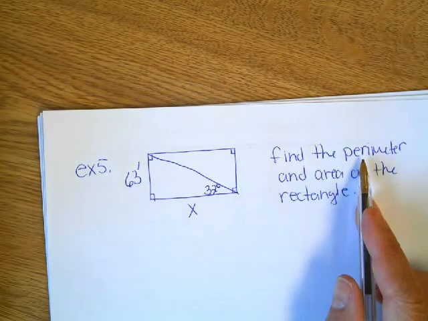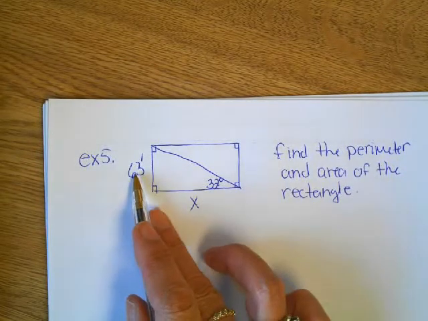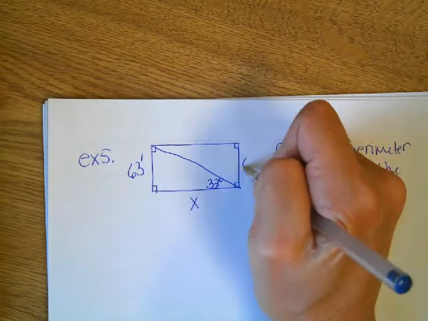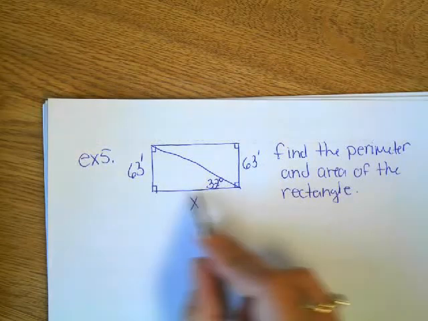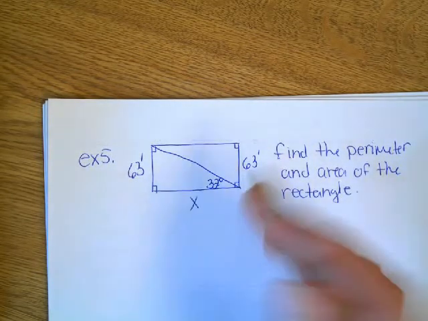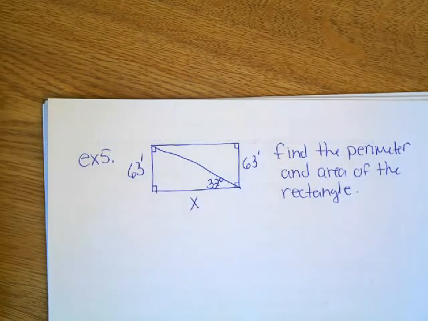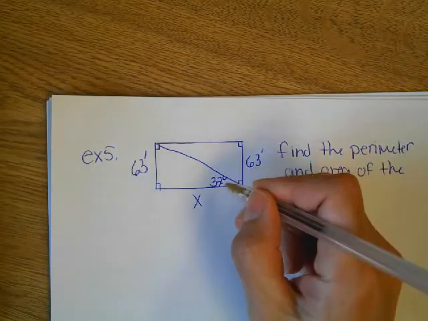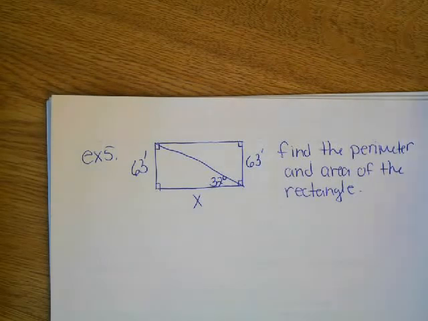Okay, so perimeter, remember, you add up the outside edges. Well, you know this side's 63, so you know the other side's 63. So our goal now is to find the long side of this triangle so we can add two of those on to those two and get the perimeter. So trig is going to help us. We are going to ignore the top triangle there.